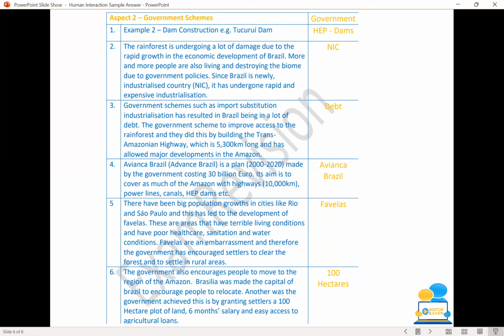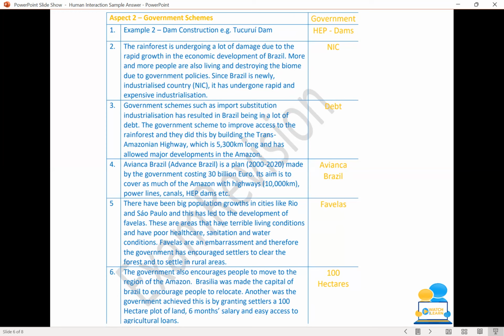We've also got Avança Brasil. Avança Brasil is Advance Brazil, and it is a plan that has reached fruition. It was a plan from 2000 to 2020, made by the government, that cost 30 billion euros. And its aim was to cover as much of the Amazon as possible with highways, 10,000 kilometers.